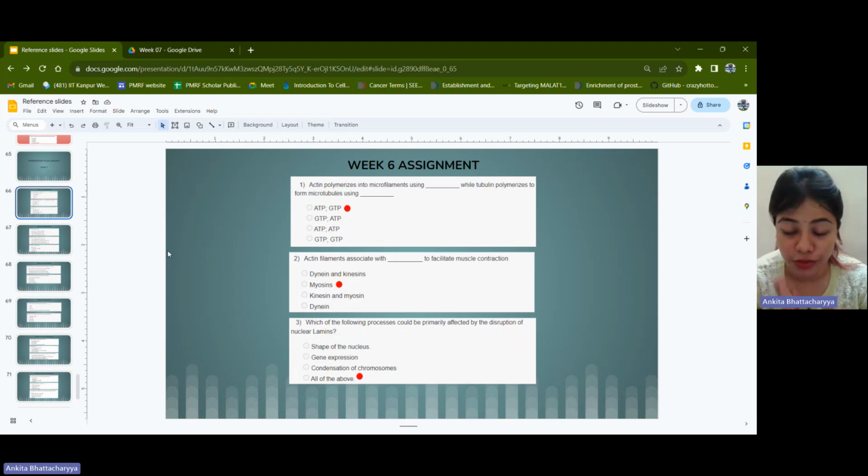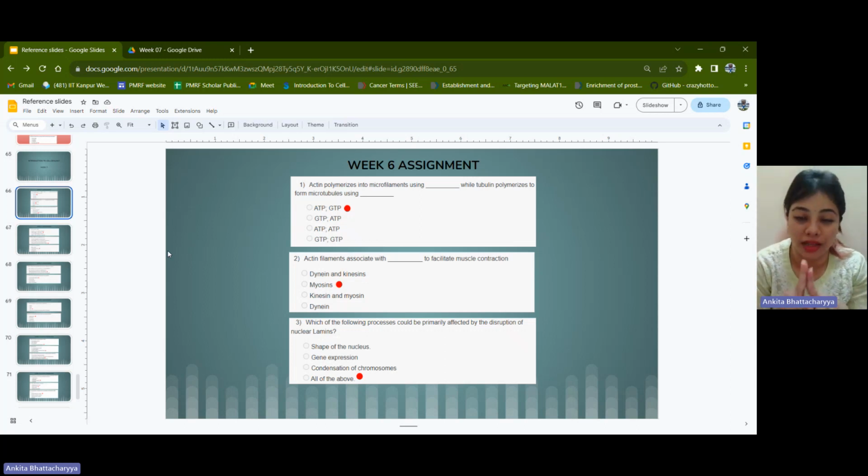Therefore, any disruption in the composition of nuclear lamins could by and large have an impact upon the shape of the nucleus, and upon the expression of genes, because while the genetic material is condensed within the nucleus, its expression is carried out in the cytosol. That is mediated not just by what genes are present inside, but by what genes are finally transcribed and translated in the cytoplasm.